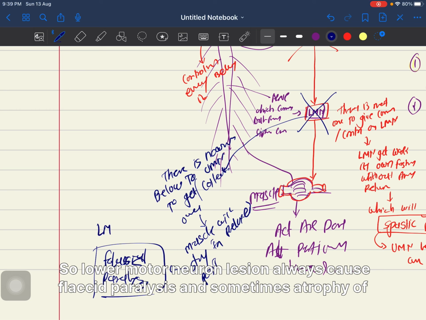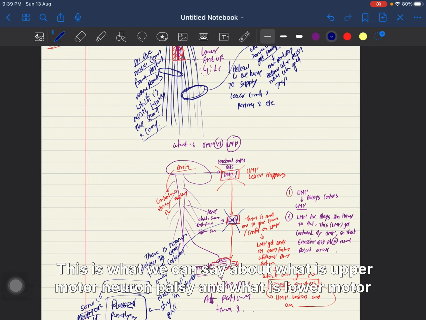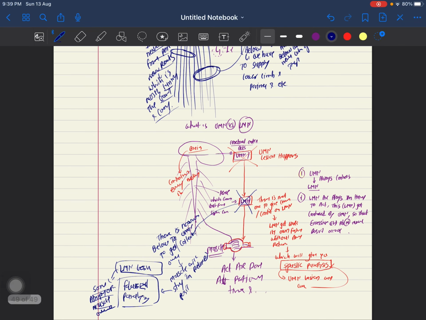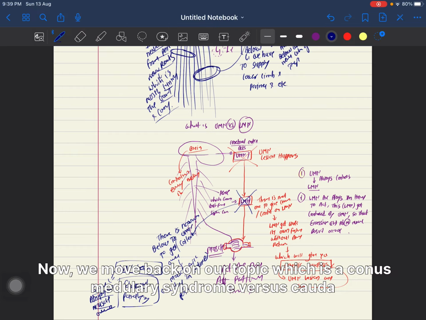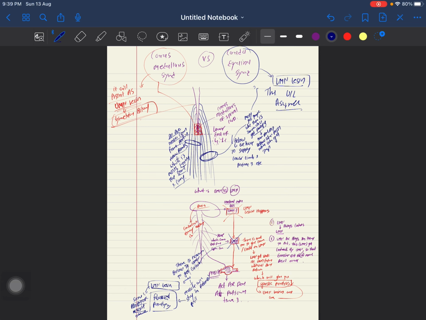So a lower motor neuron lesion always causes flaccid paralysis, and sometimes atrophy of muscles occurs. Okay, this is what we can say about upper motor neuron palsy and lower motor neuron palsy. Now we move back to our topic, Conus Medullaris syndrome versus Cauda Equina syndrome.